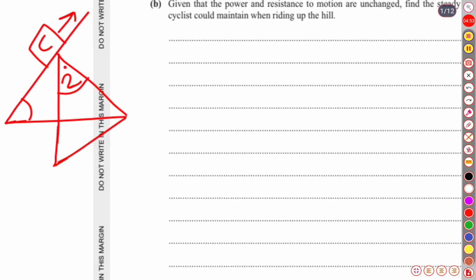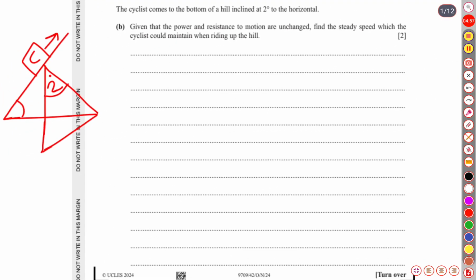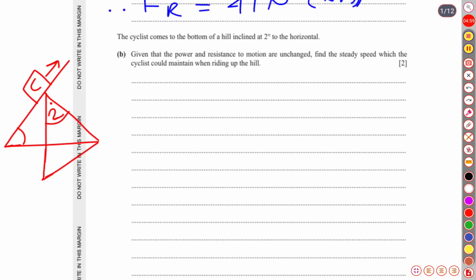Let's solve the question. We are going to apply the same concept as we did in the previous case, the concept of the motion law of Newton. So let's write that now. He is moving up, so that is the direction. The concept is driving force minus resistance force is equal to mass into acceleration.